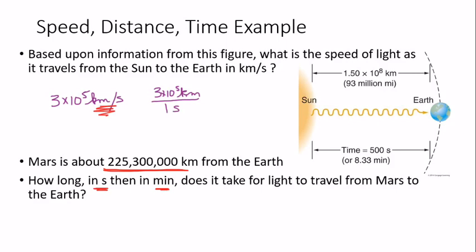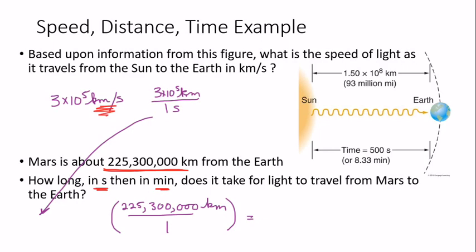So now I'm going to use that to my advantage down here. As my second term, I'm going to have the distance between the Earth and Mars, 225,300,000 km.